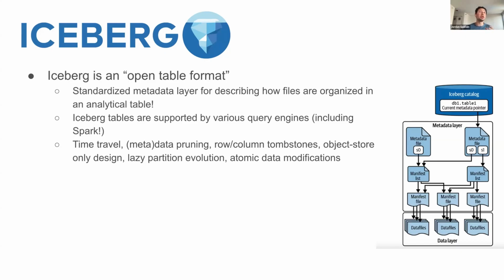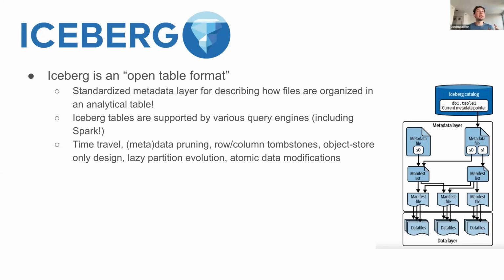You can do time travel and jump to a previous version of metadata. Generally, things are stored on object store, whether it's the data or the metadata. You can do things like schema evolution without actually touching the data files, and partition evolution. And then most importantly, you can throw a bunch of files in and remove them from the table atomically by virtue of just updating a single pointer in your Iceberg catalog.